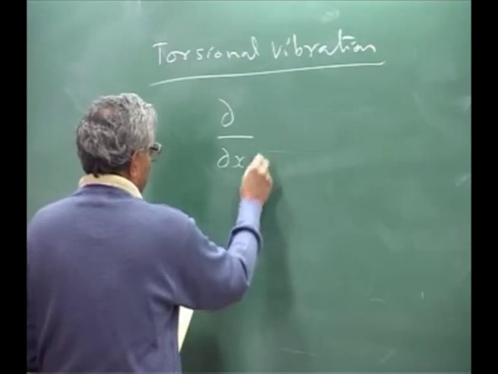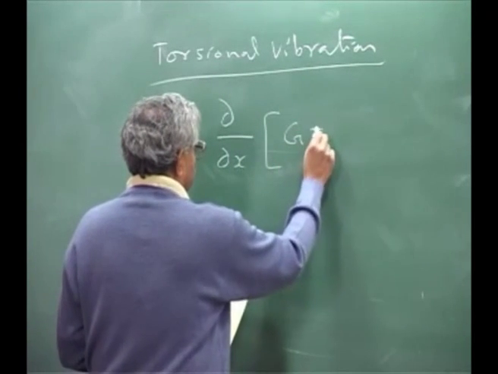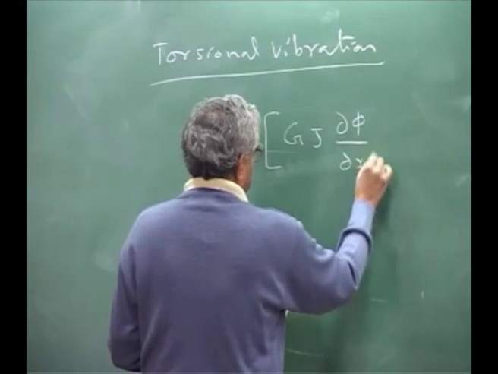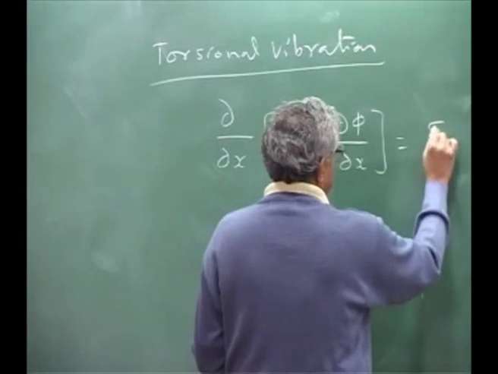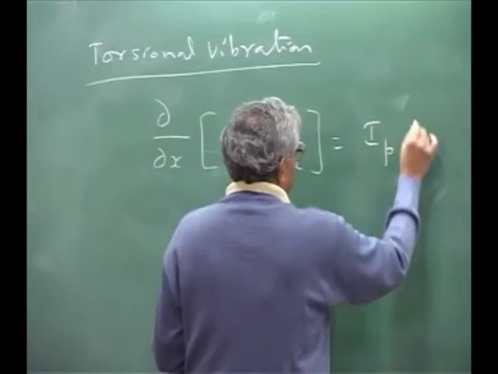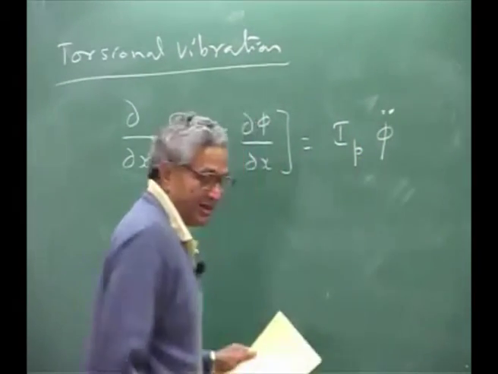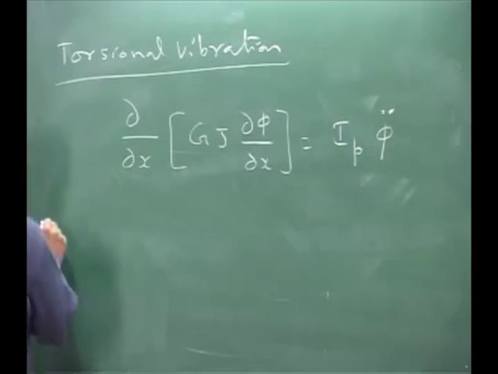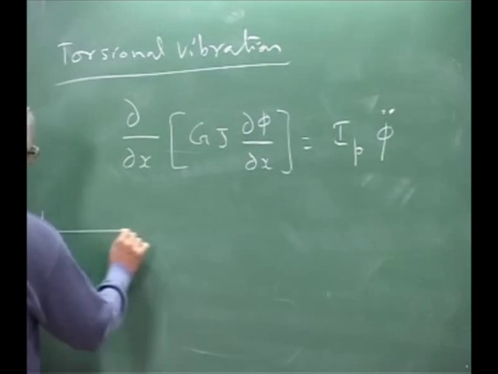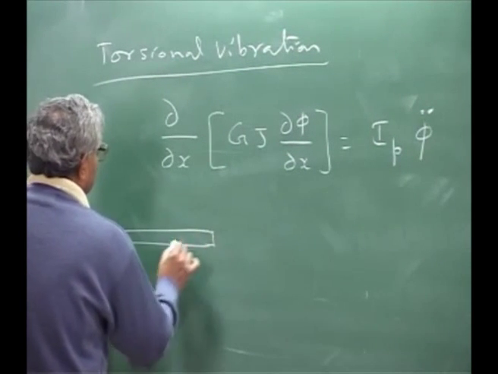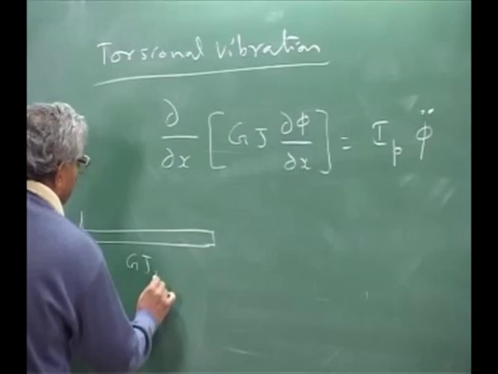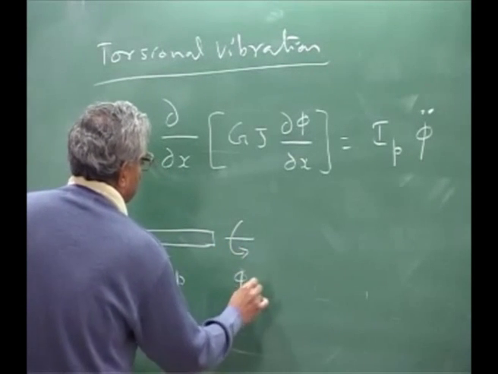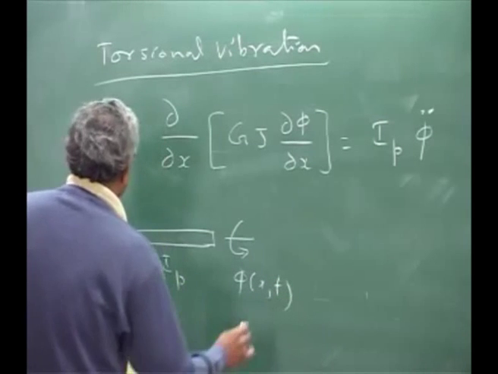If you look back at your notes, you will have this: delta by delta x of GJ delta phi by delta x equals I_p phi double dot. Double dot is the second derivative with respect to time, and if it is fixed, this is GJ and I_p.